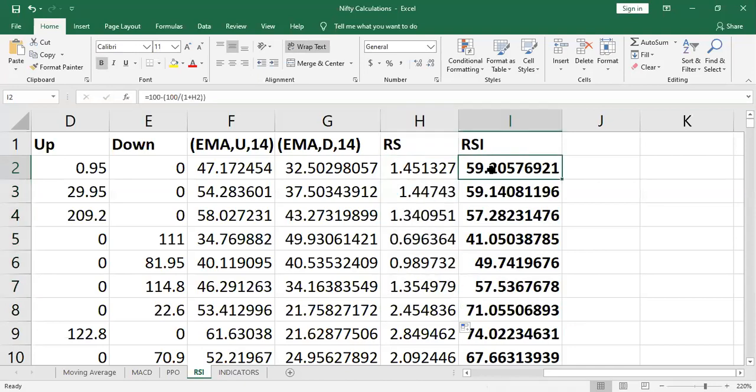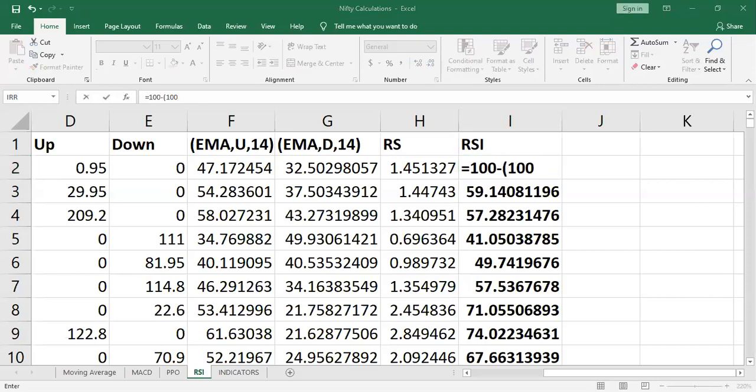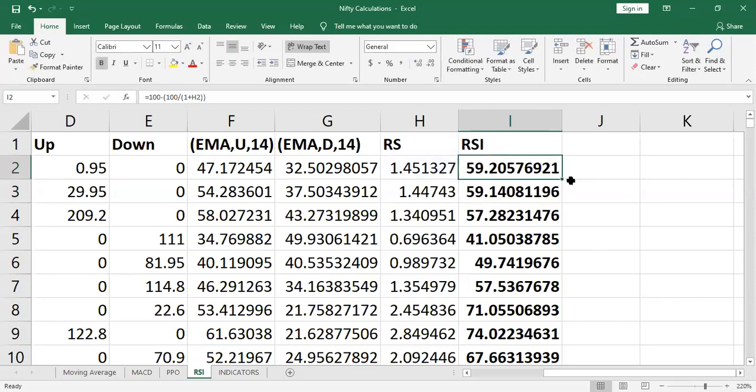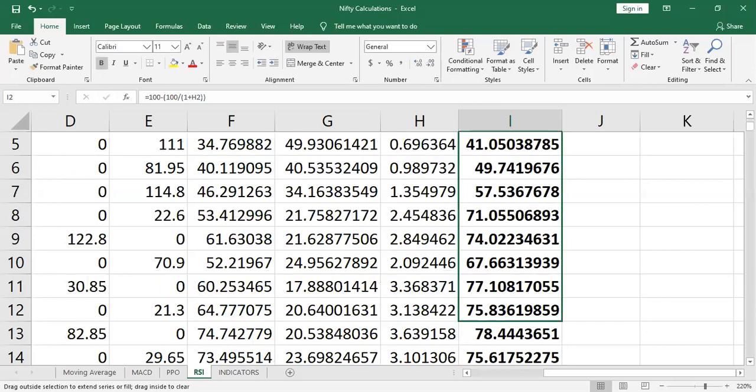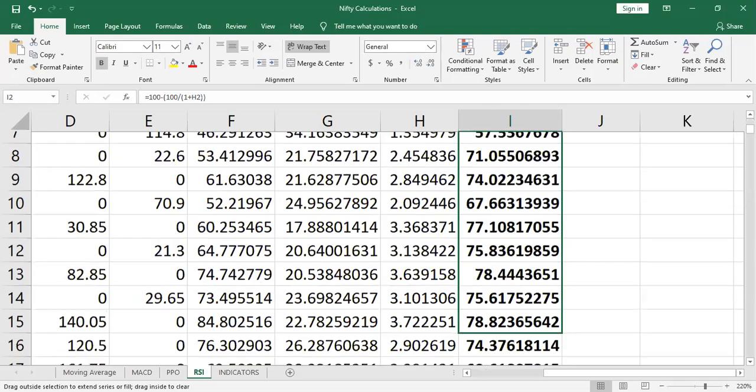So it is equal to 100 minus 100 divided by 1 plus relative strength. So it will be calculated between 1 and 100, and the same copy paste till the last.